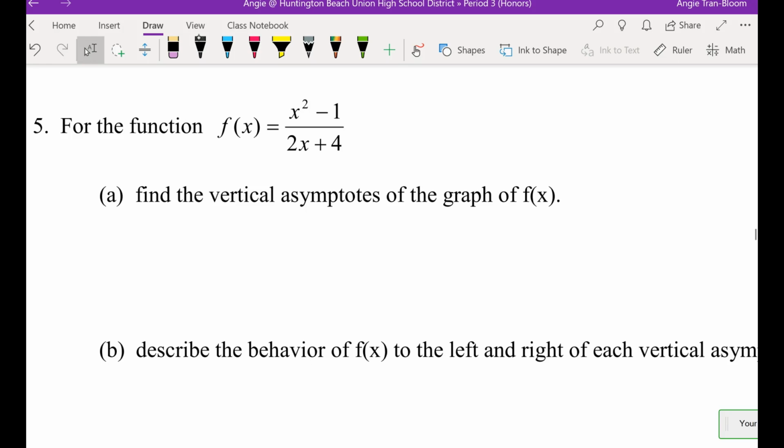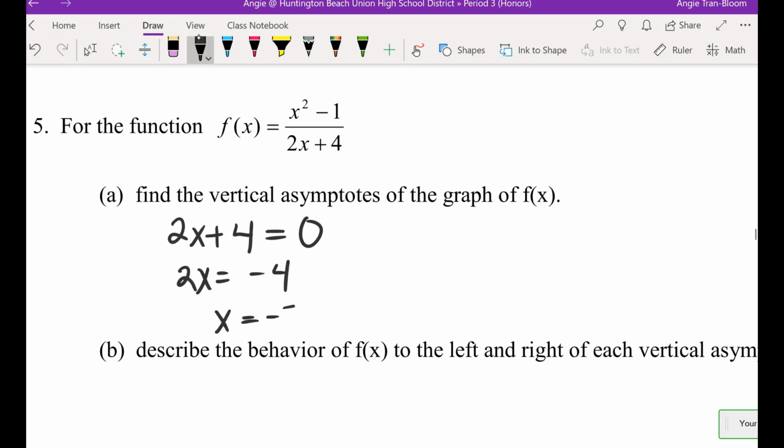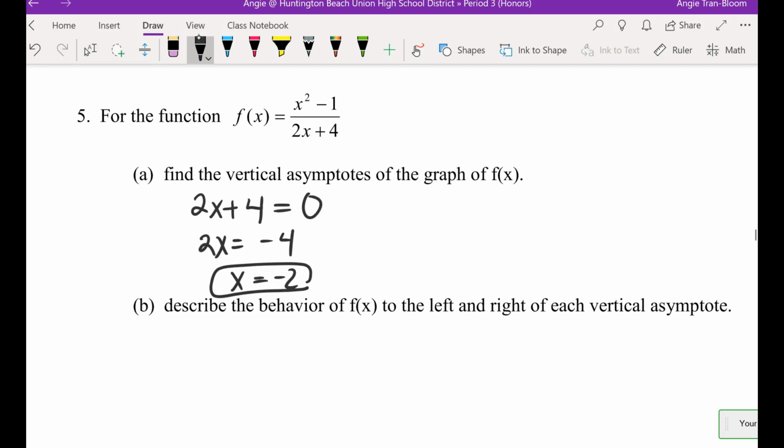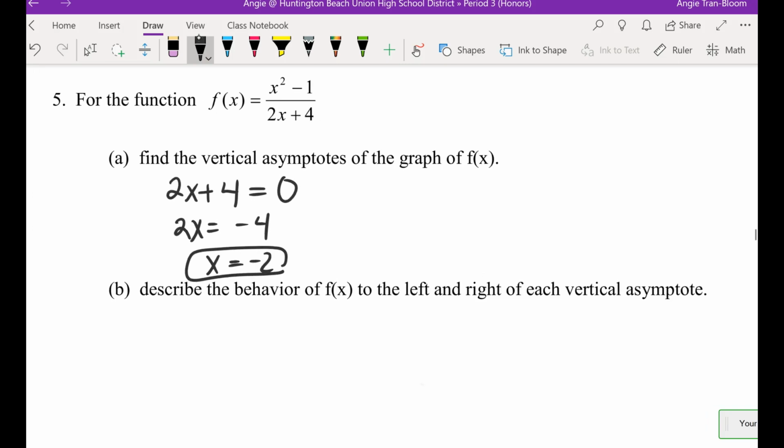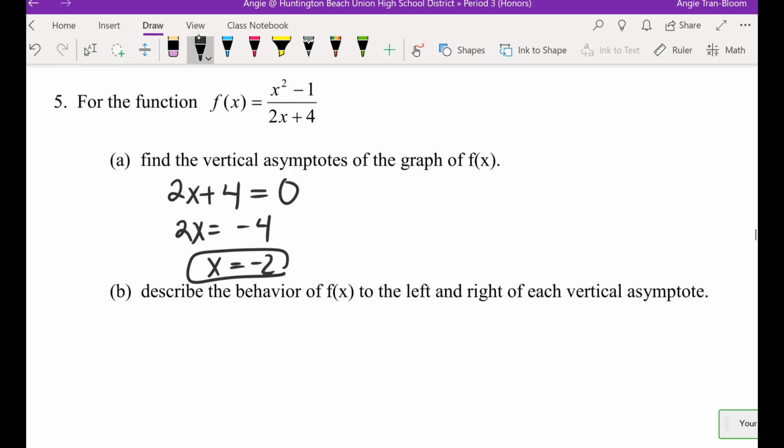Oh, okay. Perfect. That's exactly right. Take your denominator and set it equal to 0. That means 2x equals -4. That means your VA is at -2. Exactly. Calculus or not, if you already know how to find a certain value using algebra 1 or algebra 2, then go for it, okay?